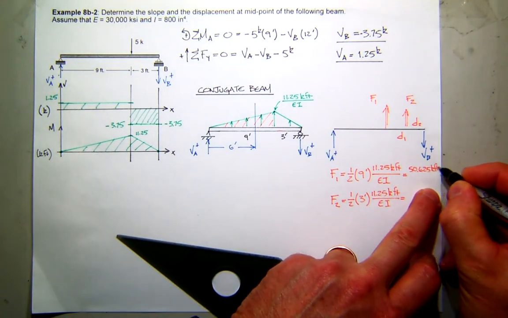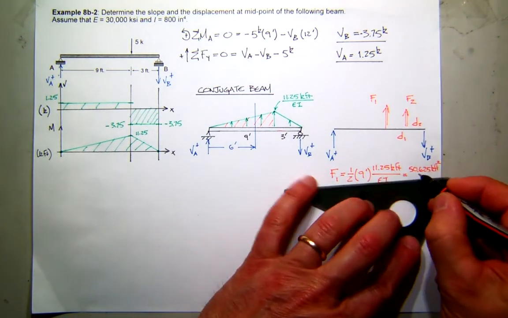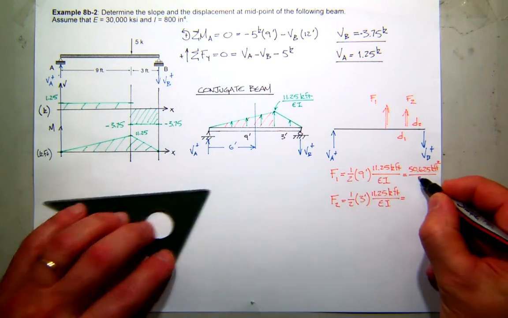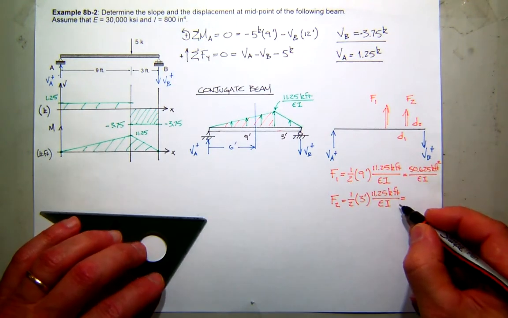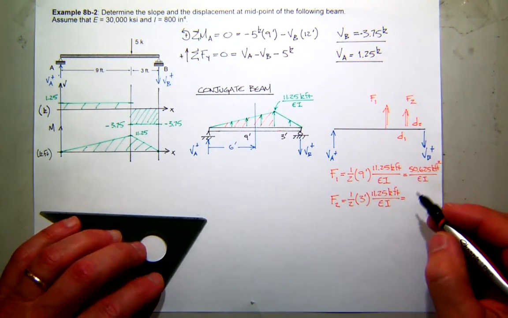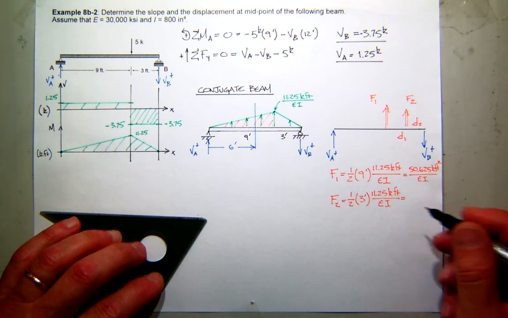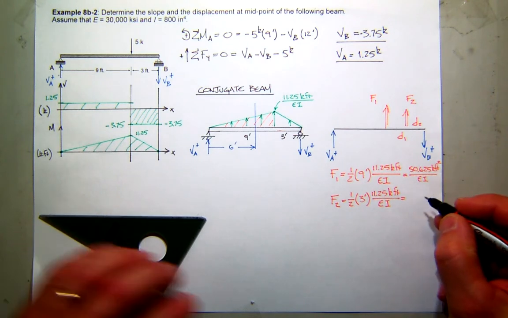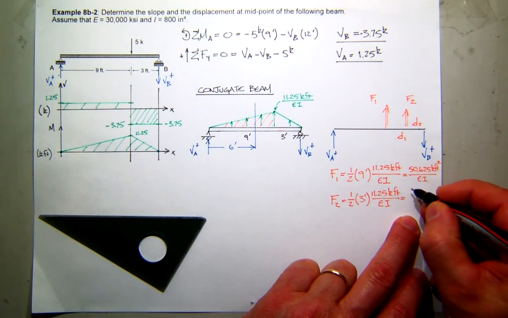And I'm going to run out of space here. Kip feet squared. And then what's the other one? It'd be a third of that. 16.875.